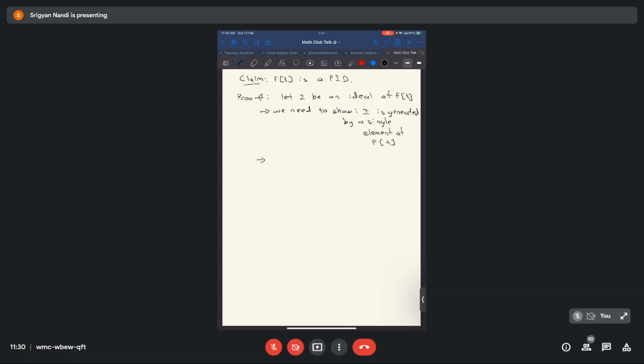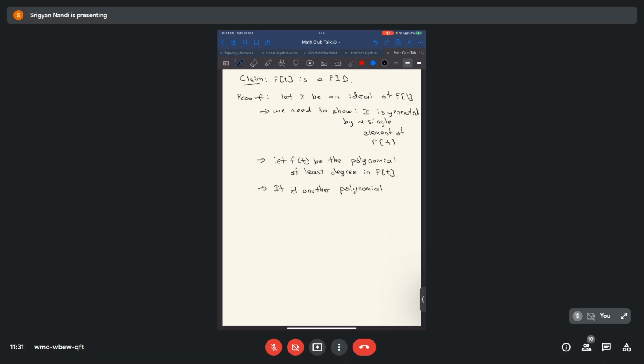So there exists a polynomial of least degree in I. So let f(t) be the polynomial of least degree in I.